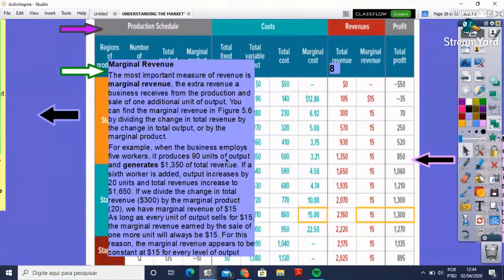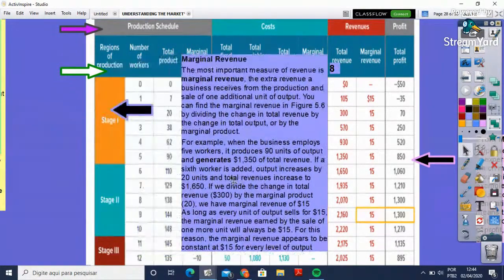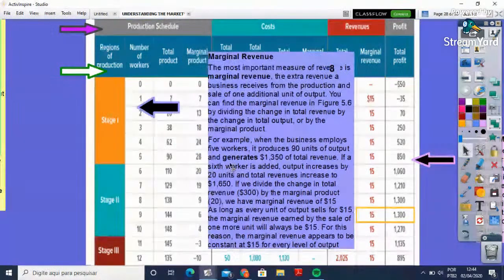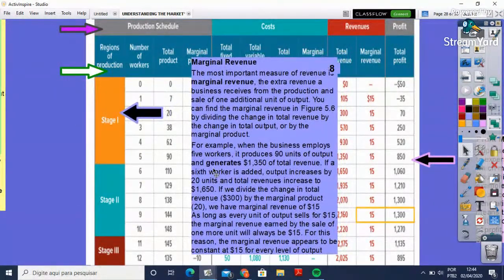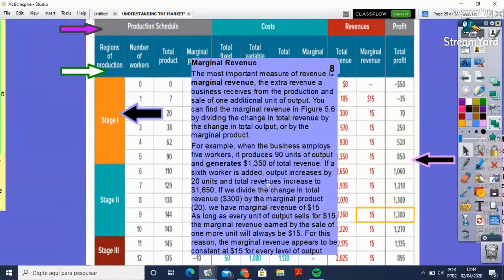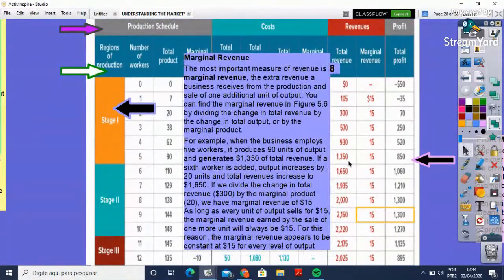For example, when a business employs 5 workers, it produces 90 units of output, and generates 1,350 of total revenue. If a 6th worker is added, output is increased by 20 units from 90 to 110, and total revenue increases to 1,650.